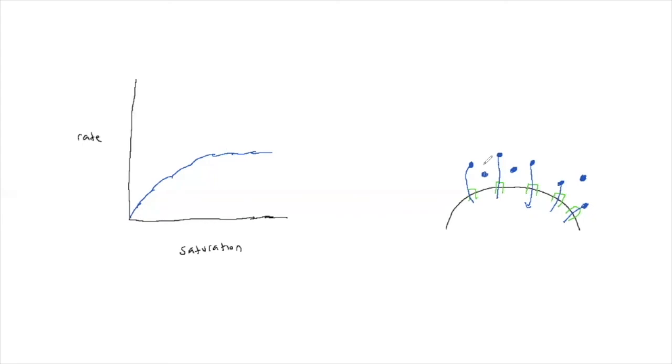So we see here that the greater the saturation is of the GLUT transporters, then the slower the rate of transport is. And by slower, I guess it means it just doesn't go up anymore. Think of it like reaching your top speed. Let's say that your top speed is 10 miles an hour. At first when you start to sprint, your speed's going to go up really fast.